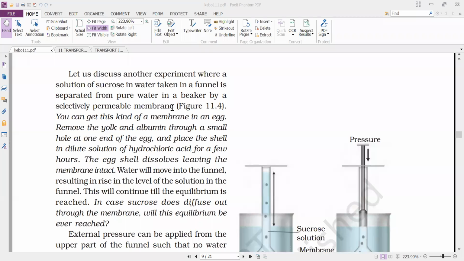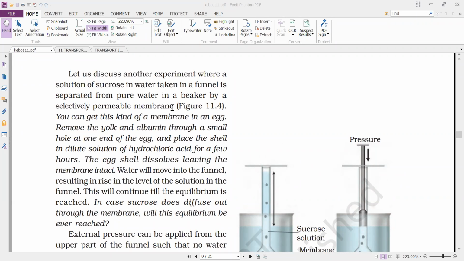The shell of the egg is made up of which material? Calcium carbonate. When you place it in a dilute hydrochloric acid, it gets dissolved.